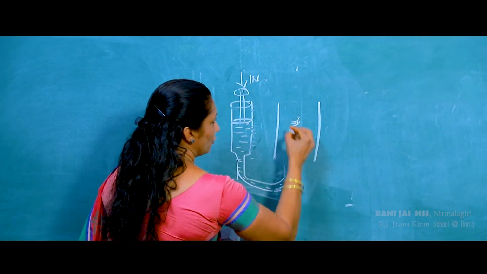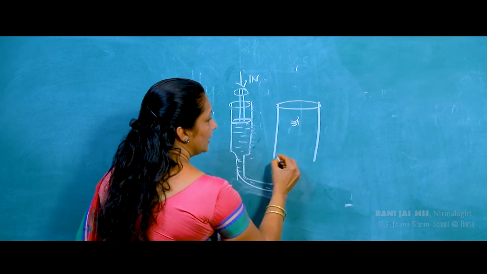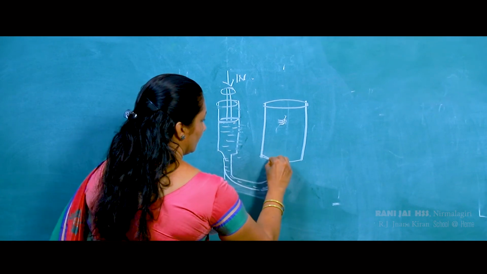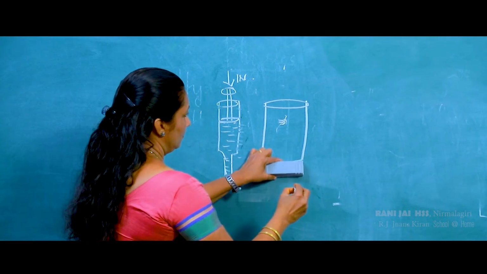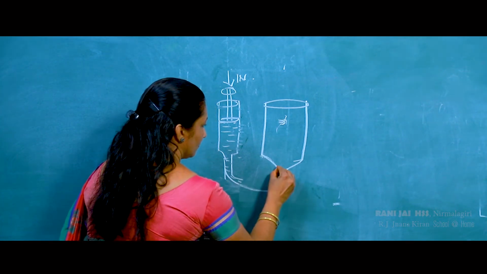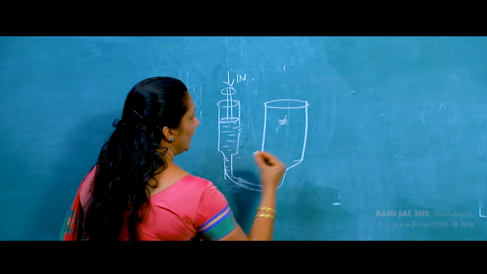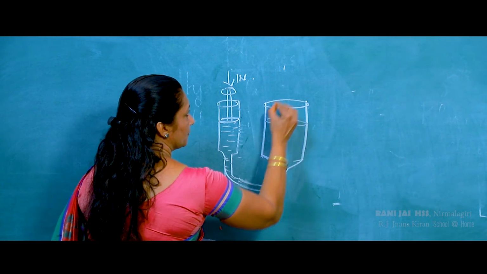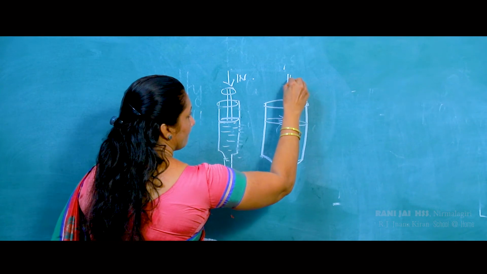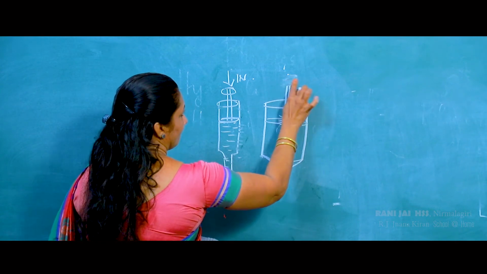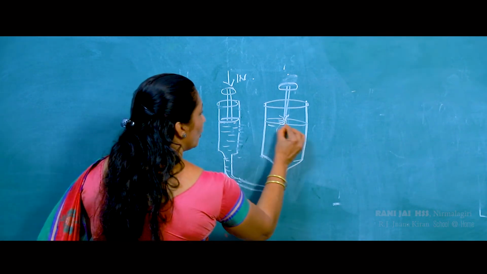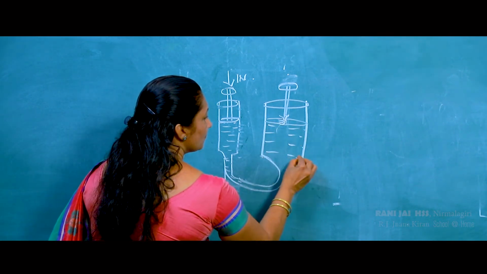Increase the area of cross section here. We are increasing the area of cross section. So what is the difference you can see here, children?